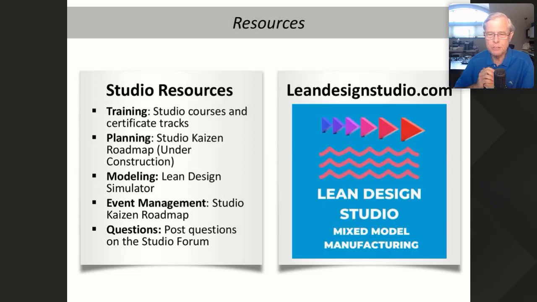It might be better sequencing rules. It might be more buffering. It might be eliminating waste so you can get the work content time down. All kinds of areas of potential improvement where you can do that, and that's included in the studio.